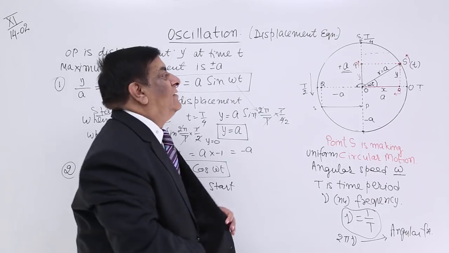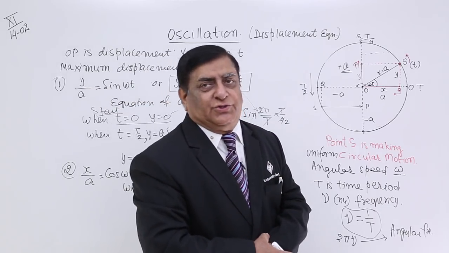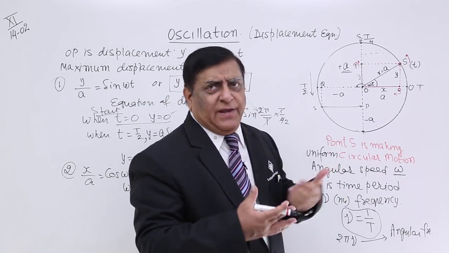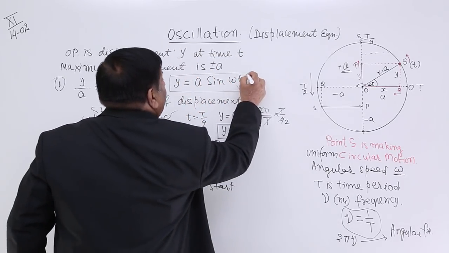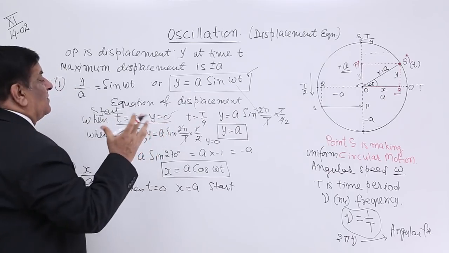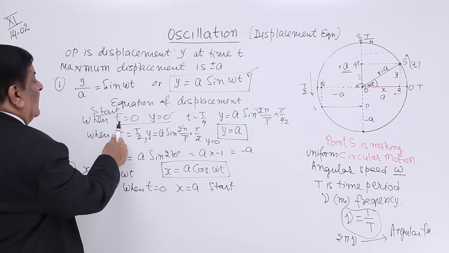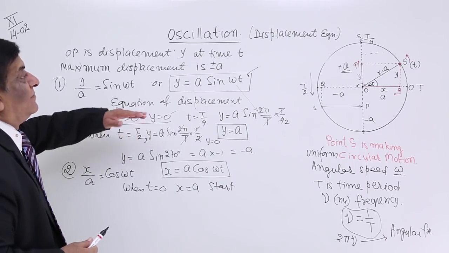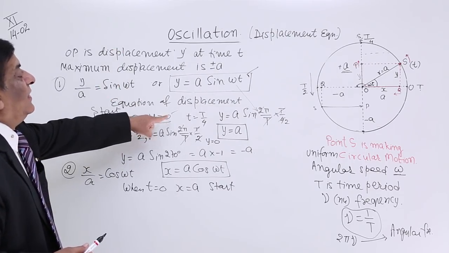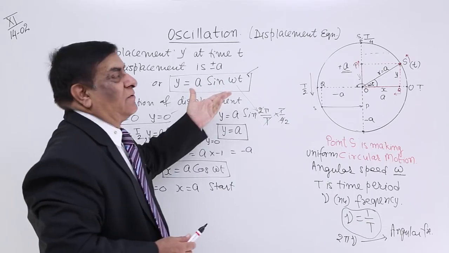Okay, but both are simple harmonic motions. We can choose any. What I prefer is working with this equation because it has a simple similarity that when time is equal to 0, y is equal to 0. And when time is T by 4, then only y becomes a. So we work with this.